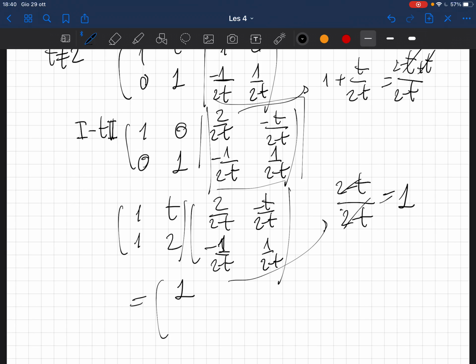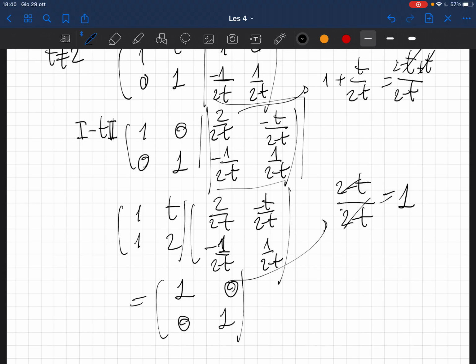Here, let's hope that here we have a 0. So take this minus t plus t, which is indeed a 0 here. And here I hope we have a 0 again. 2 minus 2, it is. And here we should have a 1. So this minus t plus 2. Yes, it works.